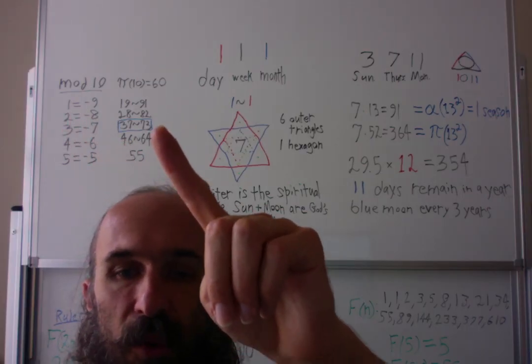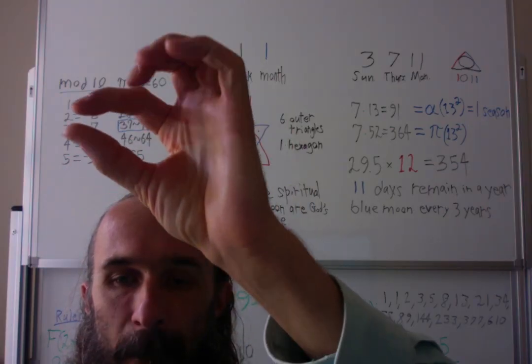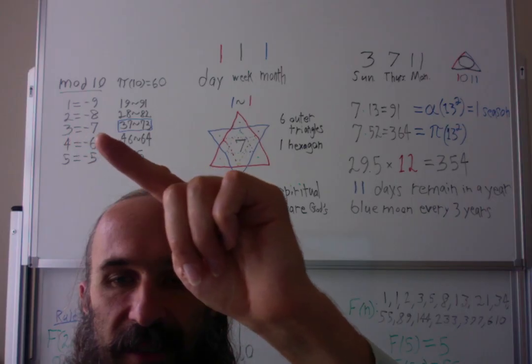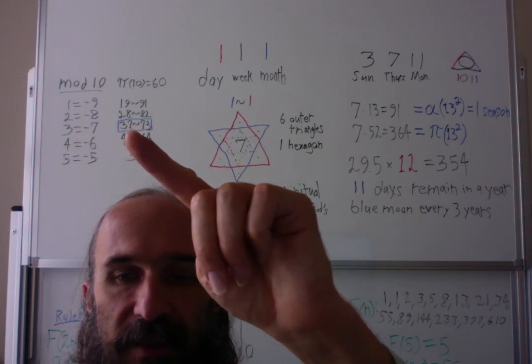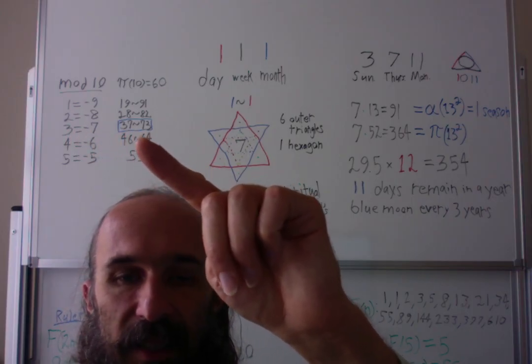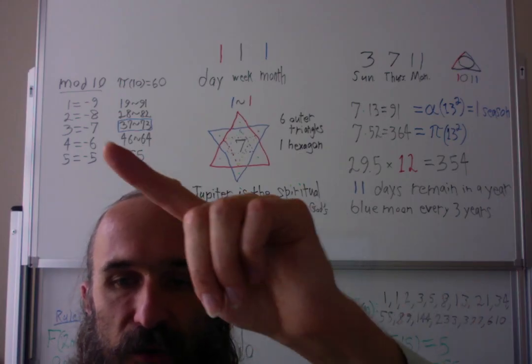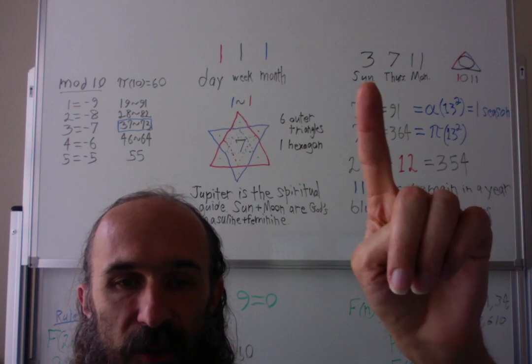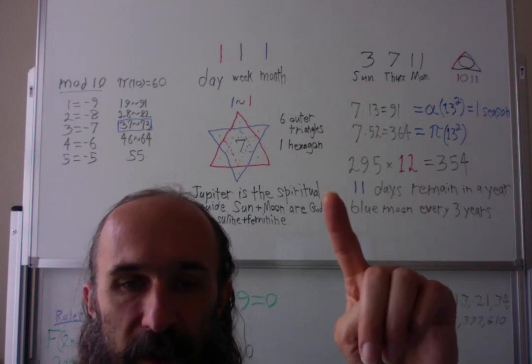So we're going to look at the middle of this. Right in the middle here we have 3 and 7, creating the numbers 37 and 73. And the 3 and 7 are the prime number codes for Sun and Jupiter.